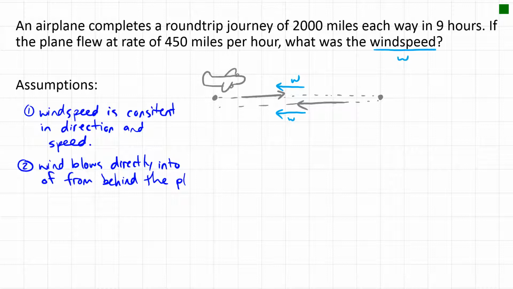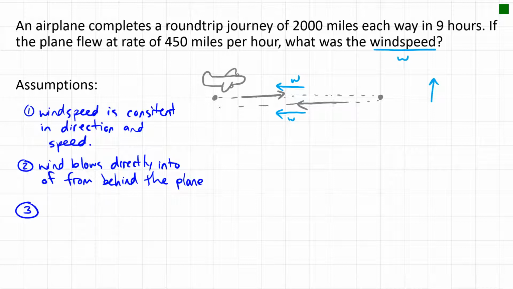Because we have to make that assumption to be able to solve this problem with our skills that we've learned in this course. If we drew the wind as blowing from the south to the north, for example, and it wasn't blowing in the direction that the plane was flying, or exactly against the direction that the plane was flying, then this problem would all of a sudden become a physics 12 problem. So we're not going to do that. We're just going to assume that it's blowing directly in line with the plane.